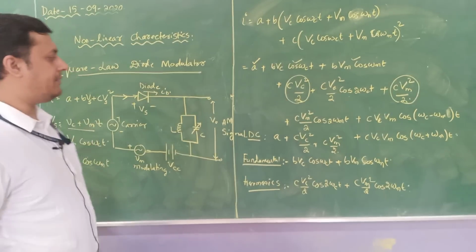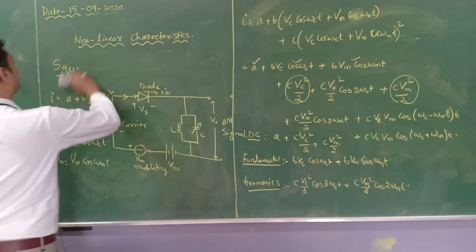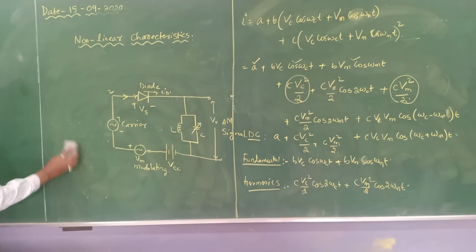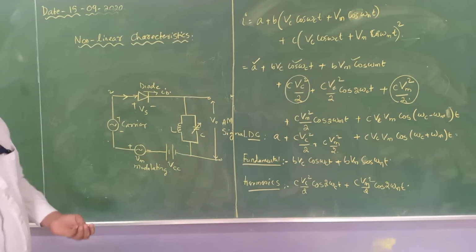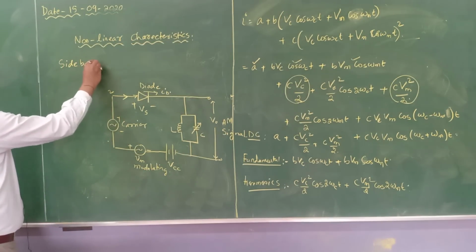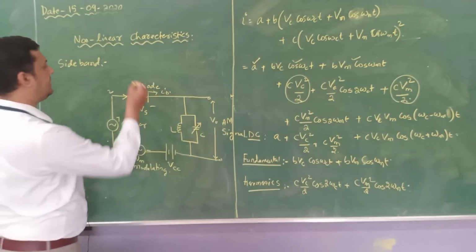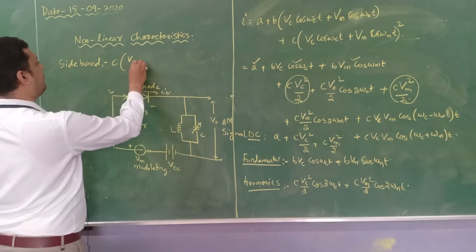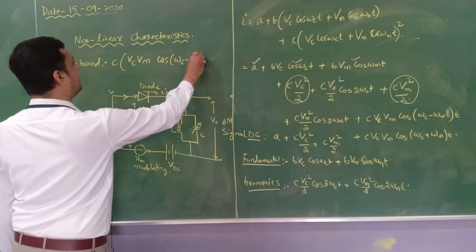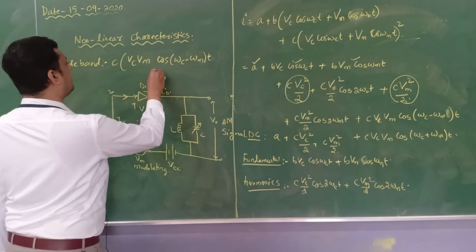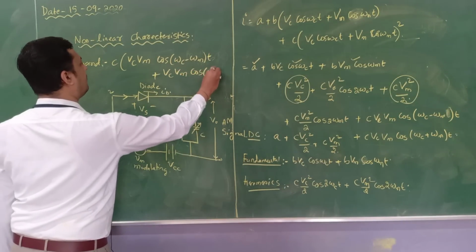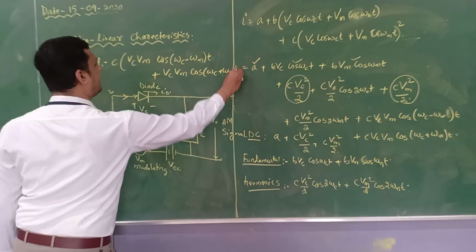And what are the sideband components we have? The sideband components are C Vc Vm cos of (omega C minus omega m)t plus C Vc Vm cos of (omega C plus omega m)t.